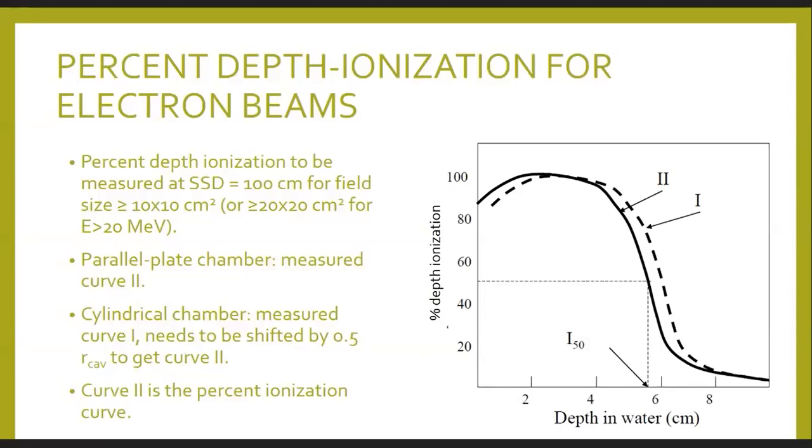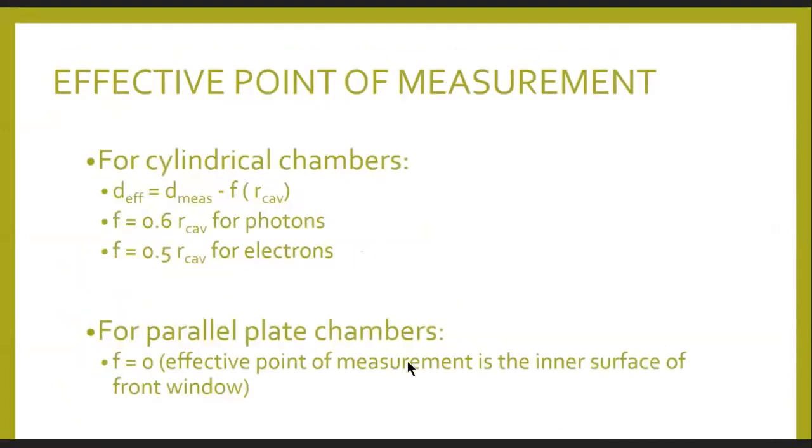Firstly, we measure the percent depth ionization curve using our cylindrical chamber, and as we said, the point of measurement is at the central axis of the chamber, so it has to be corrected by 0.5 R cavity to get the corrected depth ionization curve.